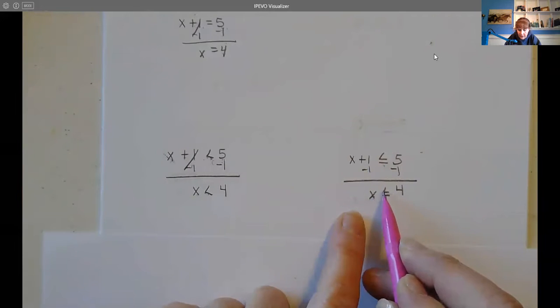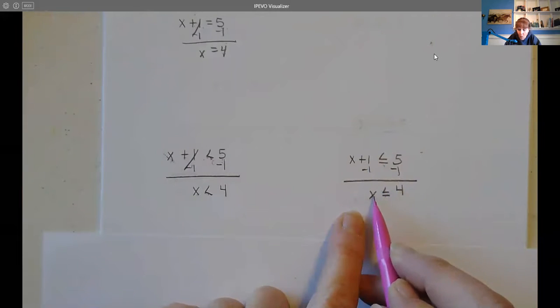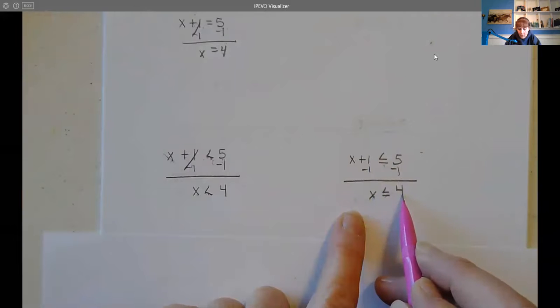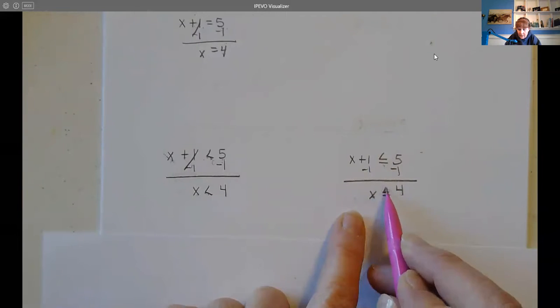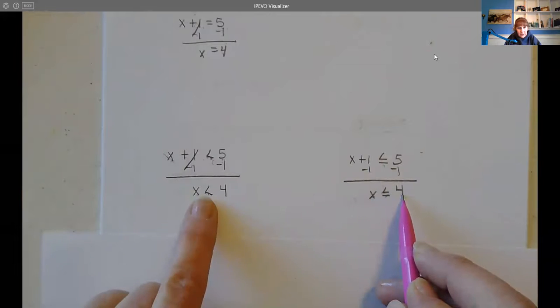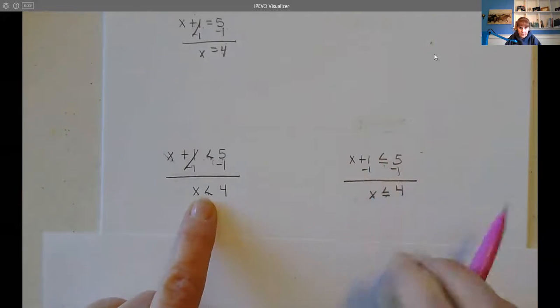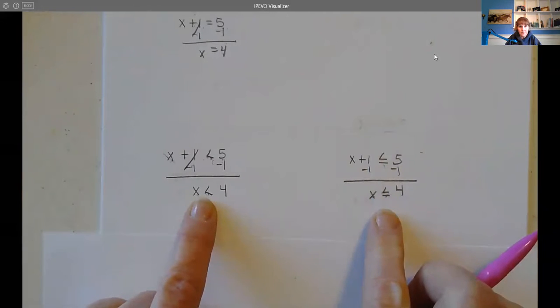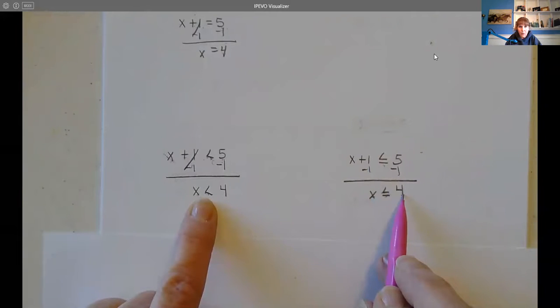So the x's are less than 4, or the x's are equal to 4. So it's read x's are less than or equal to 4. This one does not include the 4 as a solution. This one includes the 4. So that's what that bar means. Are you including this number or not including this number?